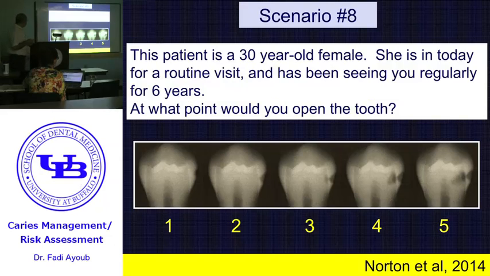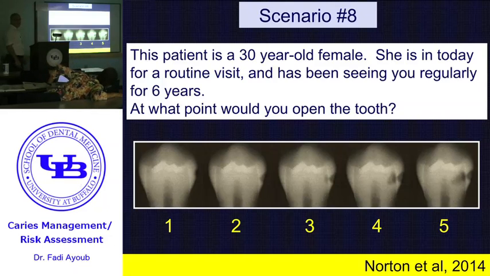So this patient has no caries and you see her regularly. Would you open number 1 interproximally? One thing you're not bringing into play here is that you have been seeing this patient regularly for 6 years, so this is not your only image.